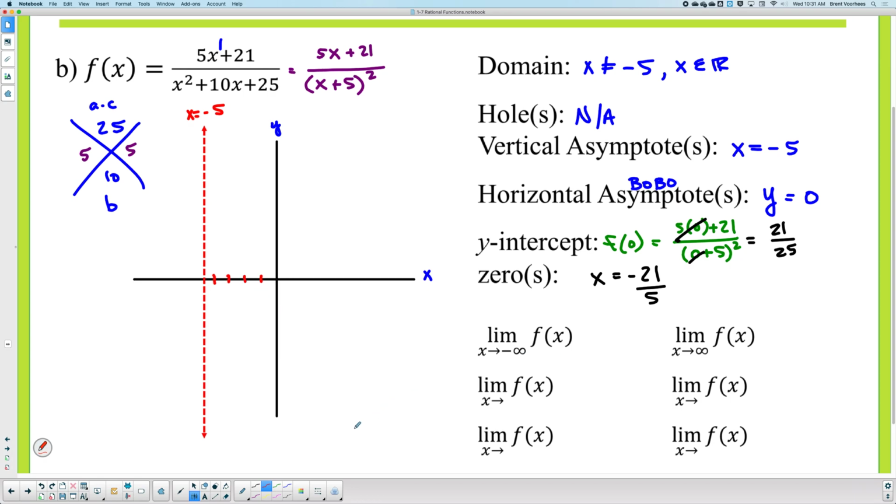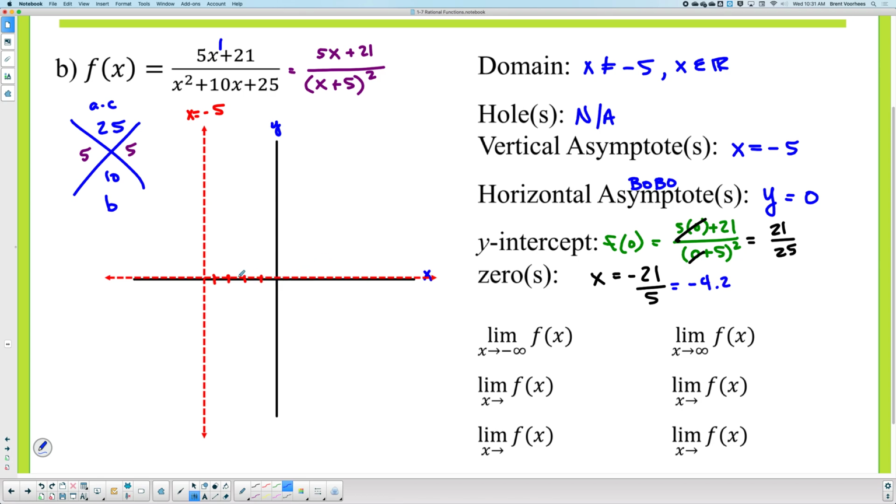We have a horizontal asymptote, y equals 0. We have a 0 at negative 21 over 5. What is that as a decimal? Does anybody know? Negative 4.2. Good. Negative 4.2.